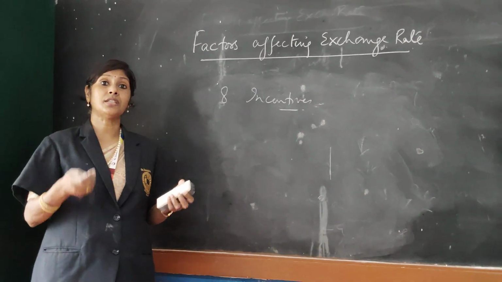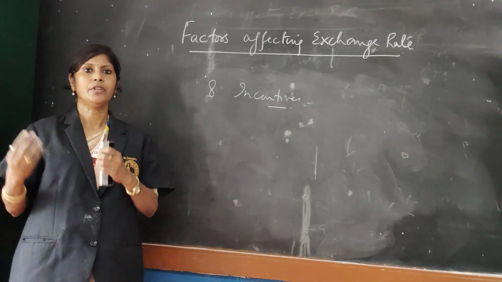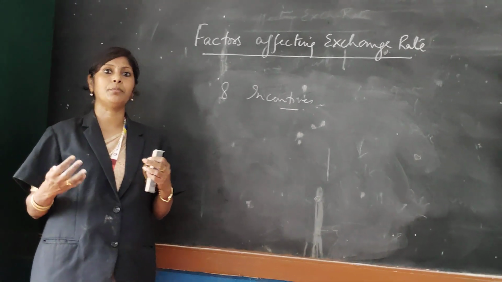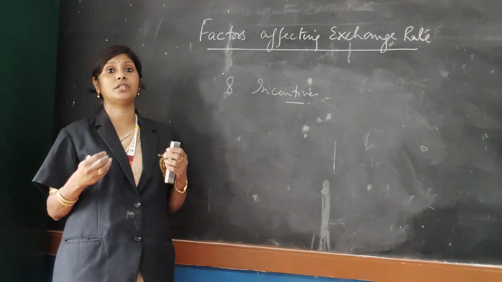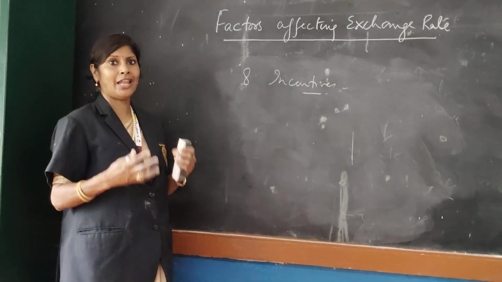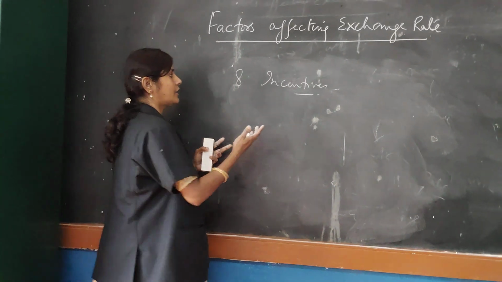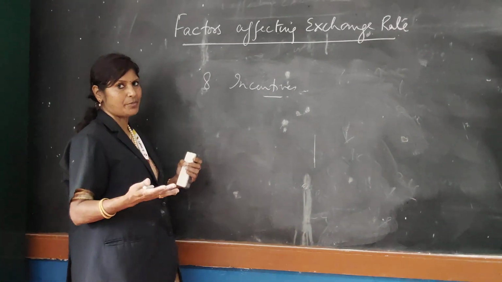Subsidy means the government takes the burden of a particular payment. Incentive is where the government gives you a certain level of help or certain preferences in doing business, right?